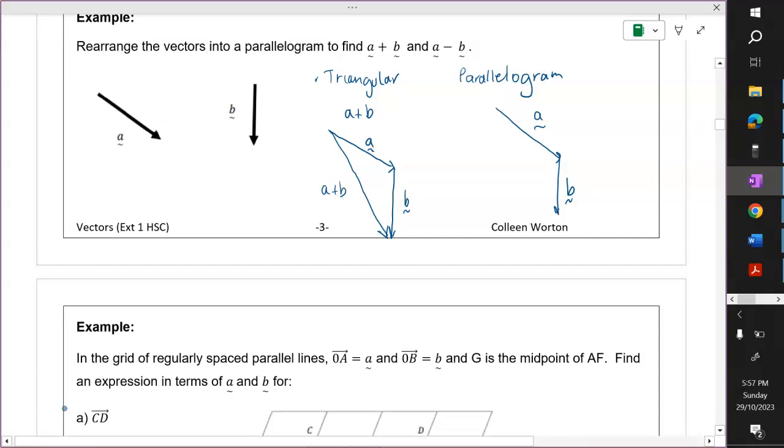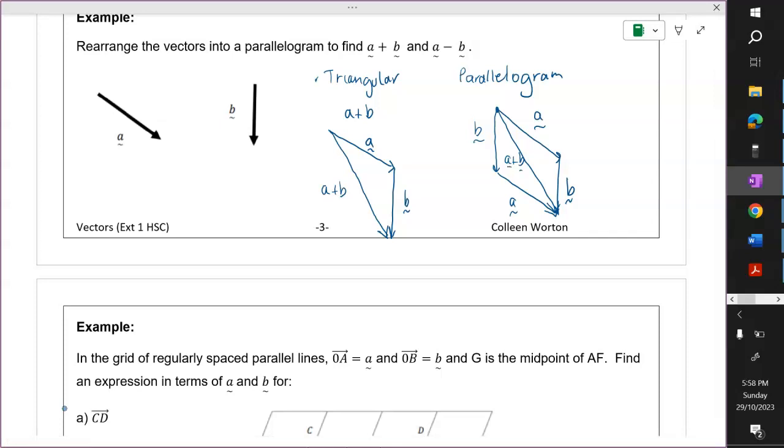So I'm going from tail to tail. So I'm going to pop b over there. And I'm going across so my tips join over here. So that's my vector a. So the addition method here, I'm going from the tails to the tips. So my addition there is my a plus my b.